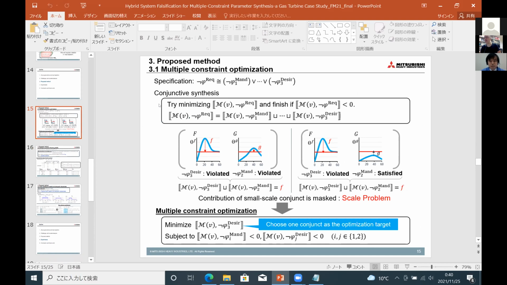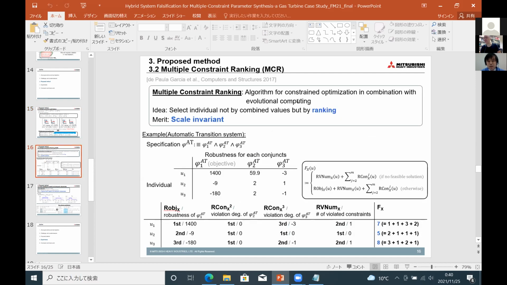So we translated the problem to multiple constraint optimization, and MCR is one kind of algorithm to solve constraint optimization effectively.